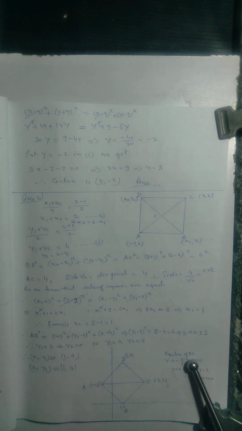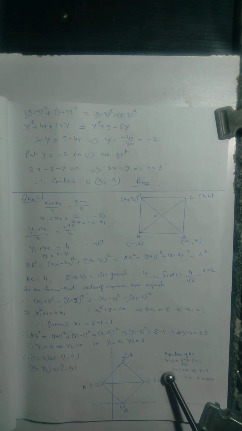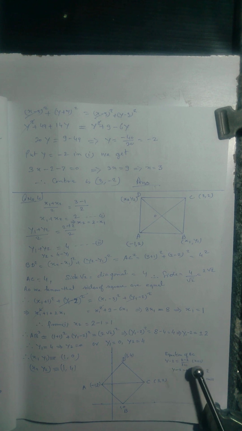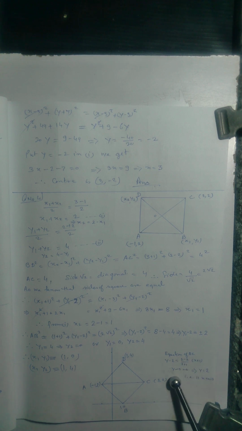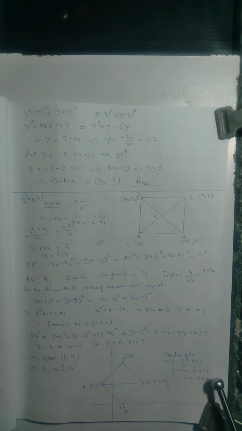As you know that the equation of AC, the line passing through two given points, is y minus y2, y minus 2 is equal to (2 minus 2) upon (3 plus 1) in bracket (x plus 1). You see the 2 minus 2, that is 0. So y minus 2 is equal to 0. This means that y is equal to 2, that is the line parallel to the x-axis.